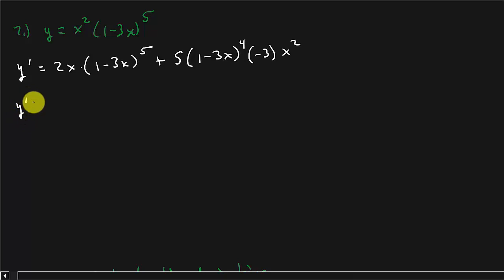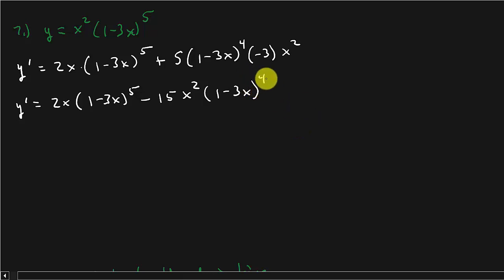So now I get y prime is 2x times 1 minus 3x to the 5th minus, what is that, 15x squared times 1 minus 3x to the 4th. All right. And you guessed it.